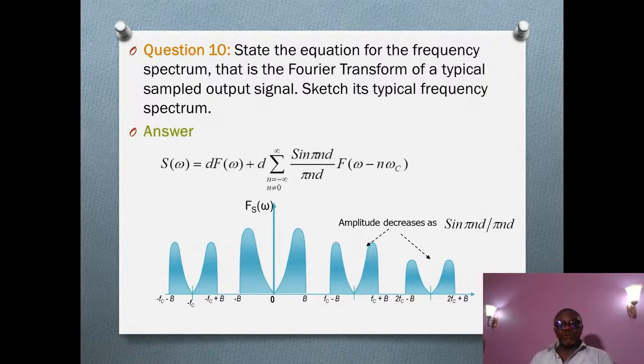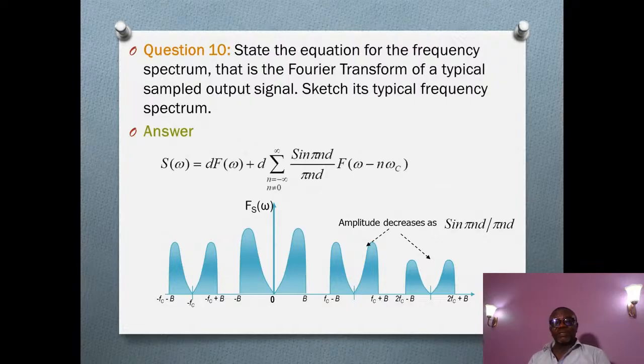Now, for you to get the signal from zero to B using your filter, you must have a pure rectangular wave filter. That filter, which we call the ideal filter, is not a practical filter. In other words, it doesn't exist, or you cannot get it in real life.